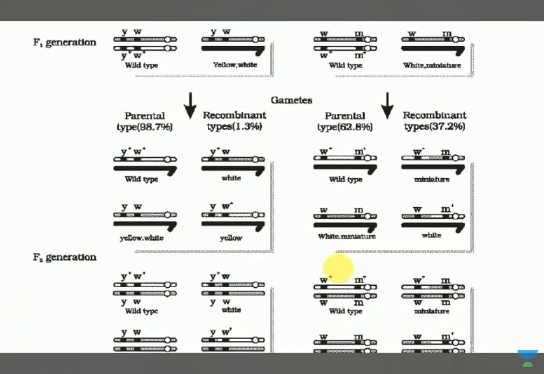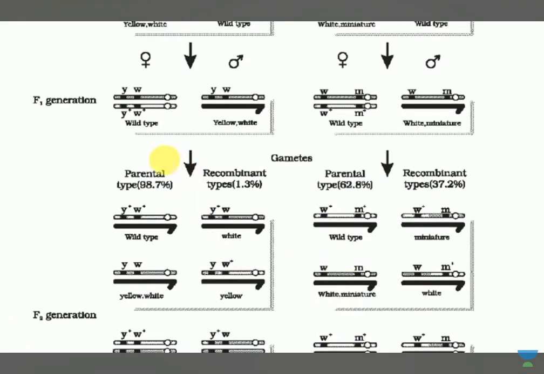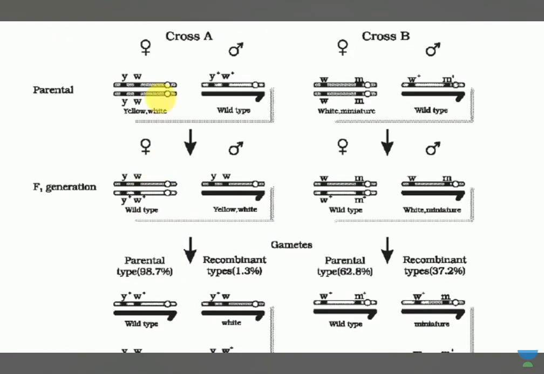That is because of the linkage. For example, in this case more is the linkage, less will be the recombination, and the recombinant types were very few, and in this case the linkage was less, so the recombination is more. That's why the recombinant type of individuals or the organisms in that progeny were 37.2%.